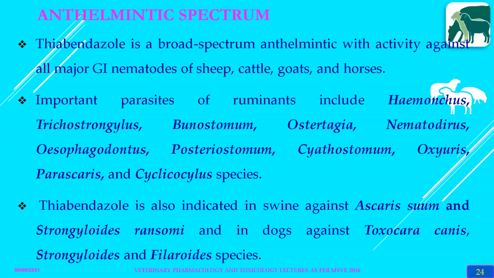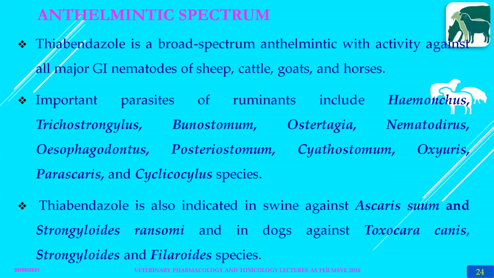So the important parasites of the ruminants include the Haemonchus. Haemonchus means the blood-sucking parasite. Then Strongyles is one of the important blood-sucking parasites. Apart from this, the other helminths are Bunostomum, Ostertagia, Nematodirus, Oesophagostomum, Trichostrongylus, and many more, especially the Oxyuris.